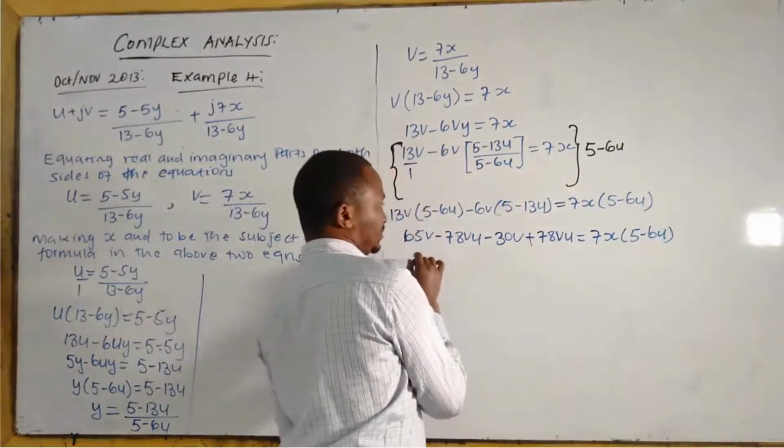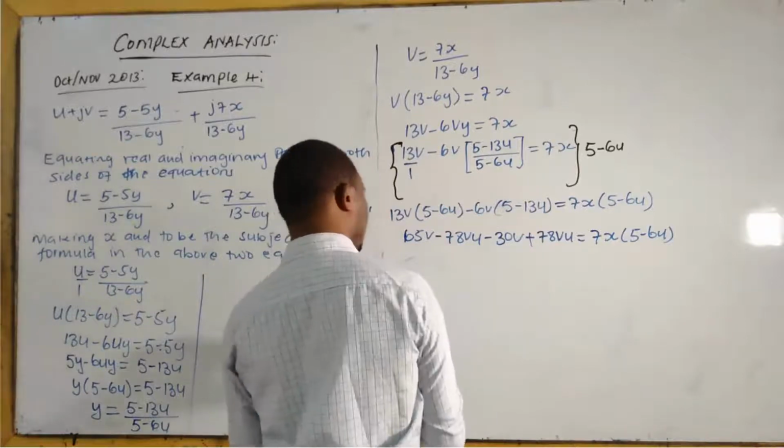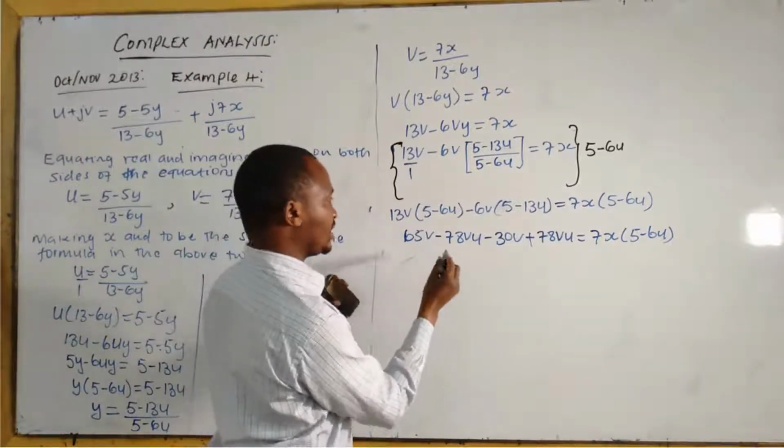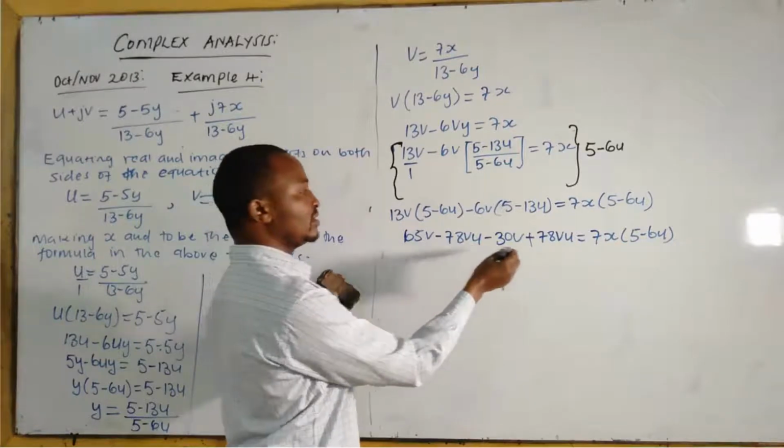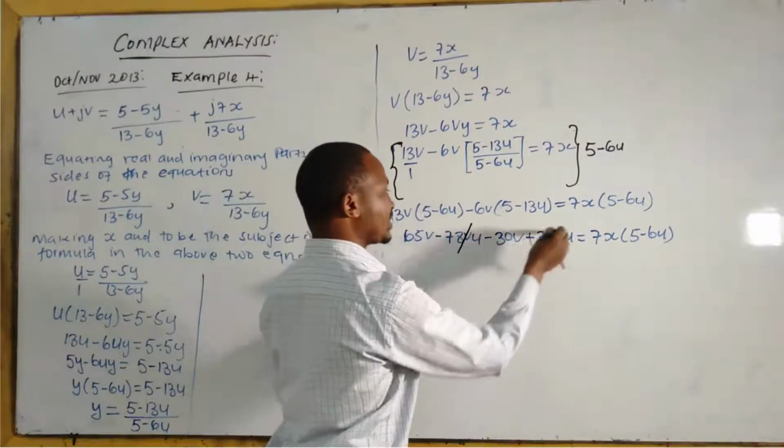So that we can combine. See, this is a negative 78uv, positive 78uv, so this and this can disappear.